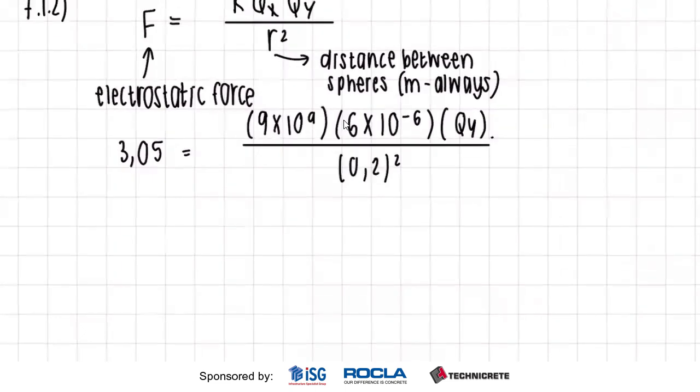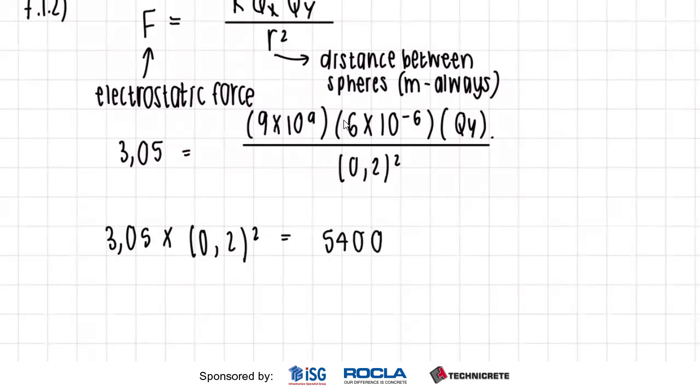Okay, so now how we work it out is we go 3.05 times 0.2 squared equals, and we can times these out of here on our calculator. 9 times 10 to the 9 times 6 times 10 to the negative 6 is 54,000 times QY.